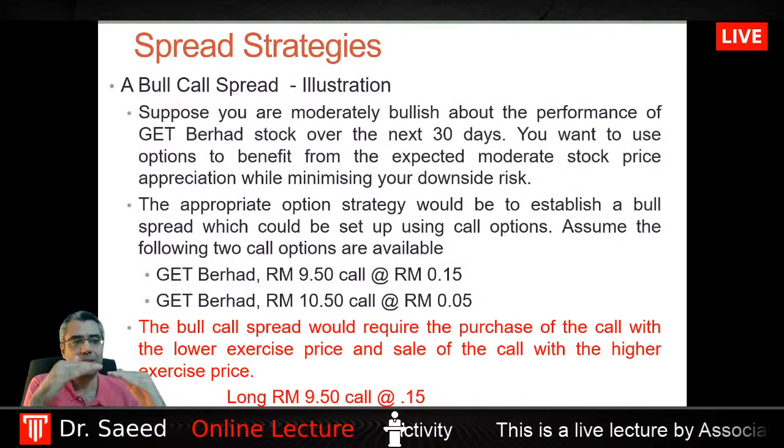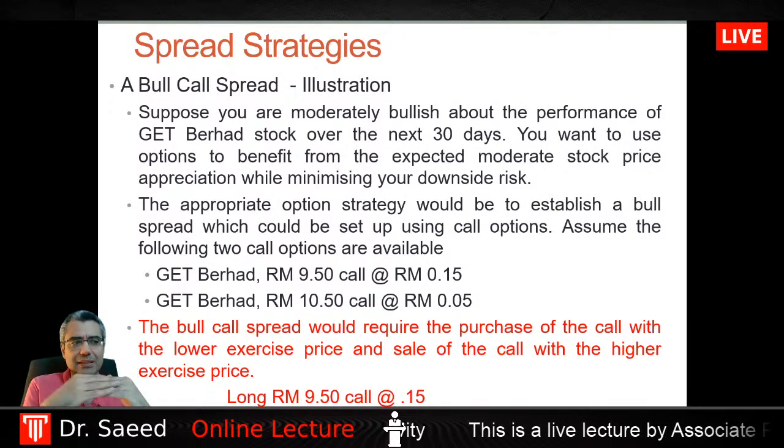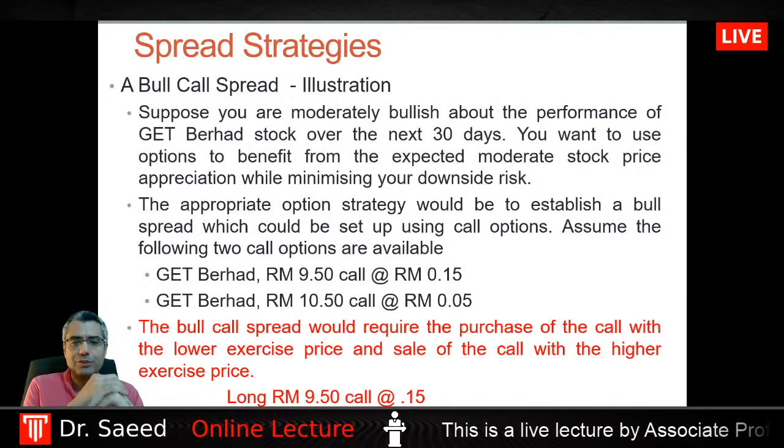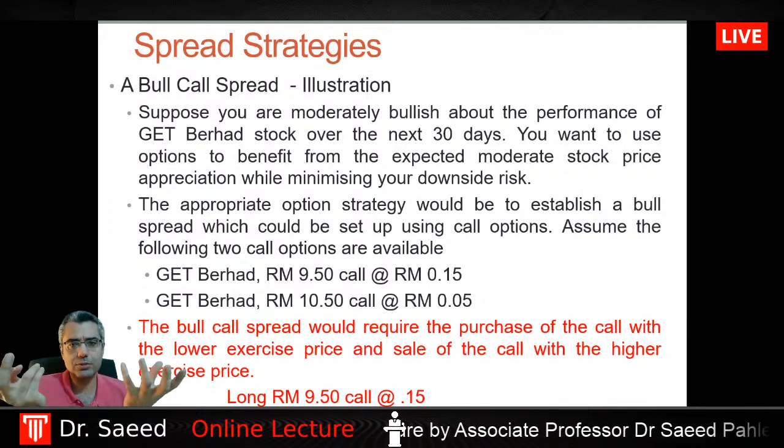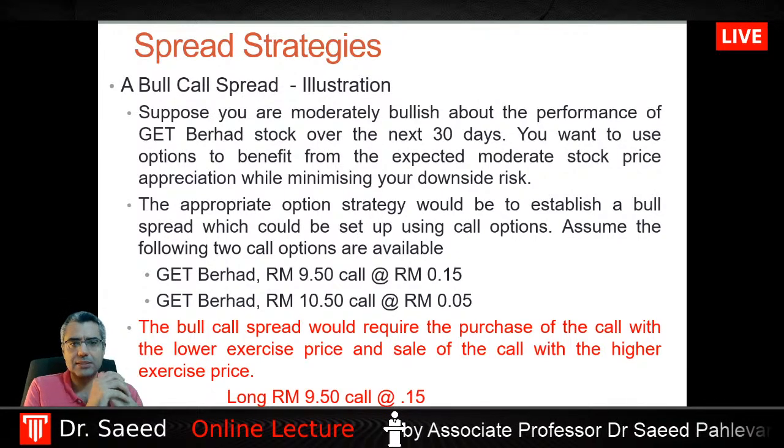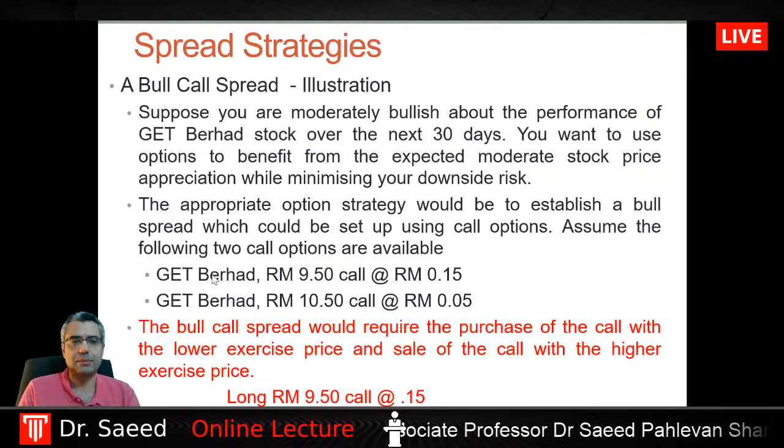You want to limit your loss when you are trading. So now here you can use bull spread. Now how to implement bull spread? You may use two calls or you may use two puts. Here in this example, you can see how we use two calls. There are two calls available in the market.